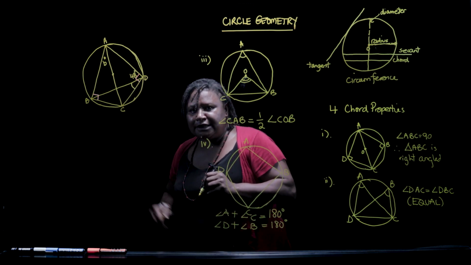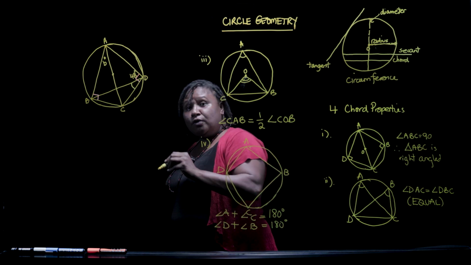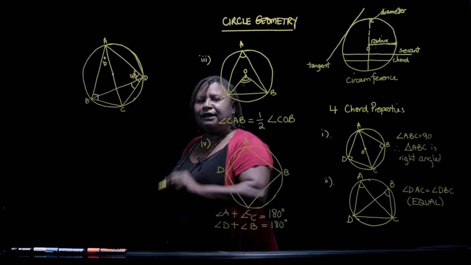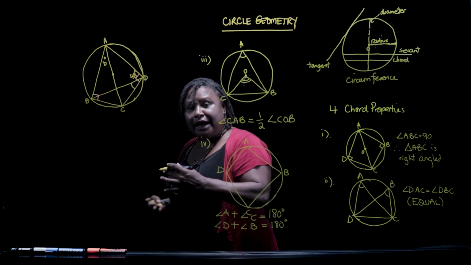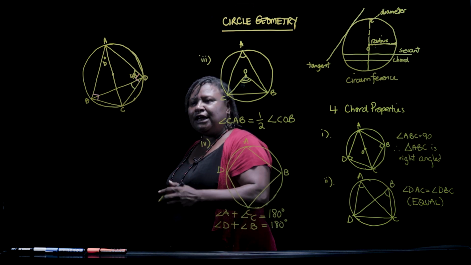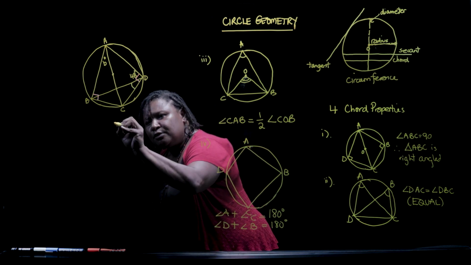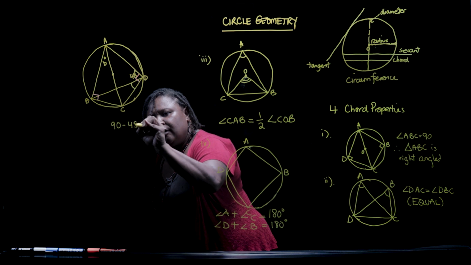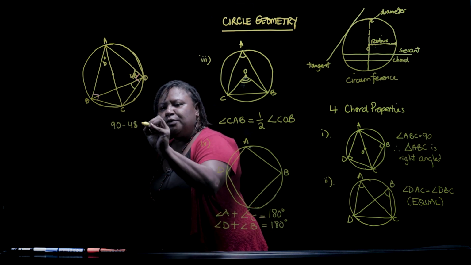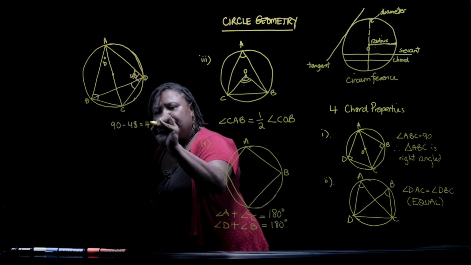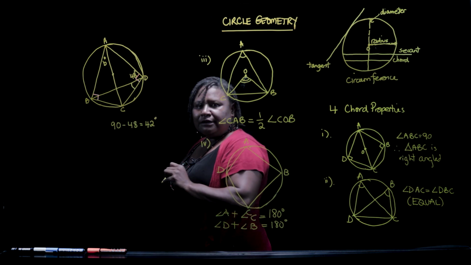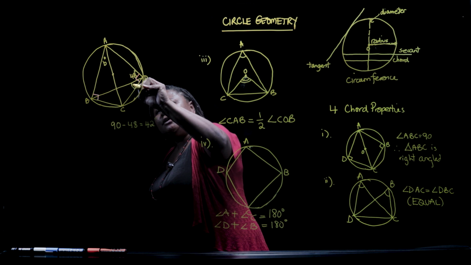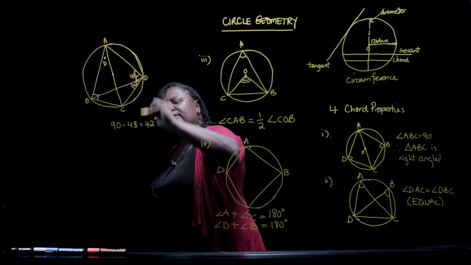That is easily found because we know that 2 angles are complementary, meaning they add up to 90 degrees. Using that rule, you simply subtract 48 from 90 degrees, which will give you 42 degrees. So this angle here is equal to 42 degrees.